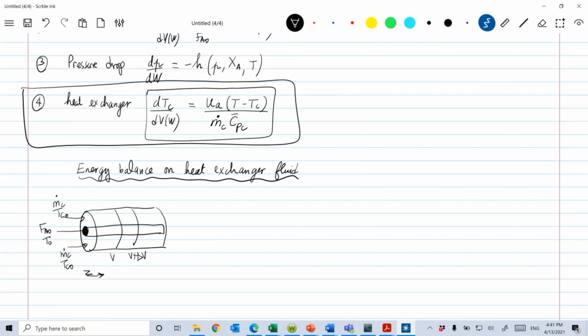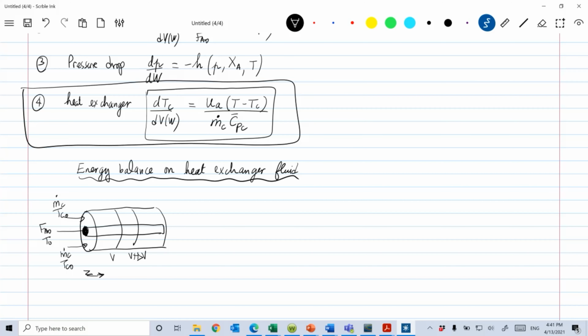Every slab we take, we assume it's the same amount of heat in each. Same way that we looked at the plug flow reactor, there's no flow and no reaction in the radial direction. It's all going down the z direction. Same thing here. So we don't have to deal with partial differential equations, really. That's what it would do to us. It would be partial differential equations.